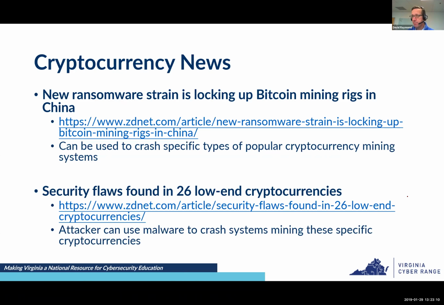And so the way that both of these stories are related is probably pretty obvious, right? Both of these pieces of malware are designed to lock up systems that would otherwise be mining cryptocurrency, either Bitcoin or some other crypto software.